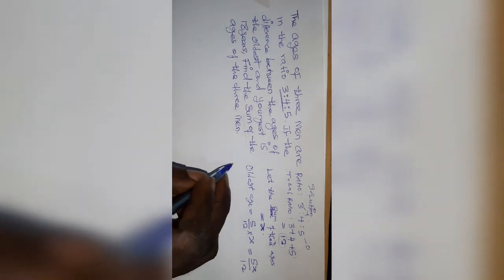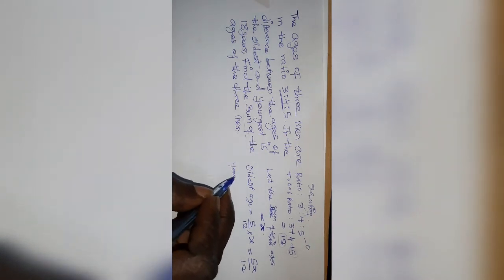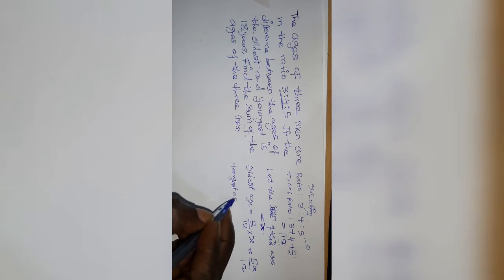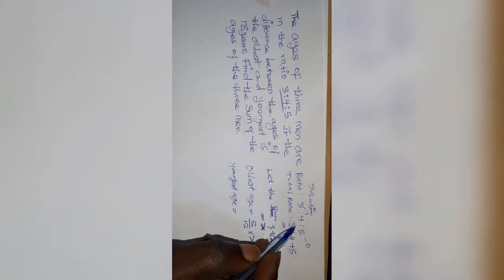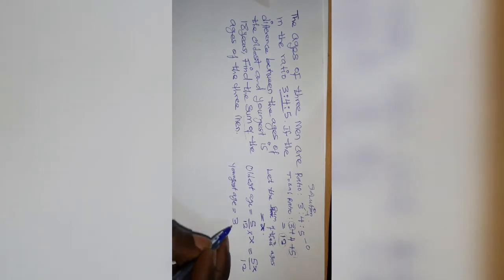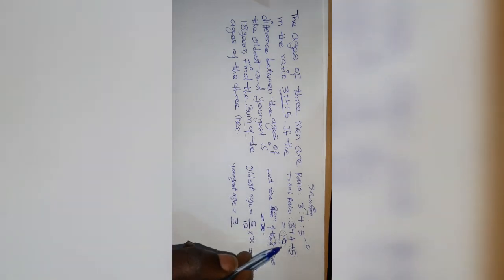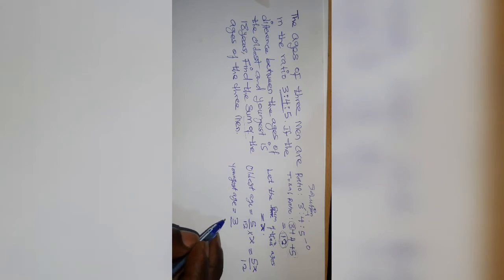Then we find the youngest age: the ratio of the youngest is 3, over the total, 12, multiplied by the sum of their ages. That gives us 3x over 12.